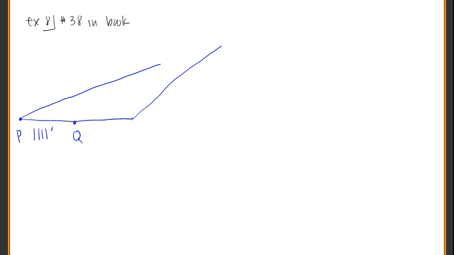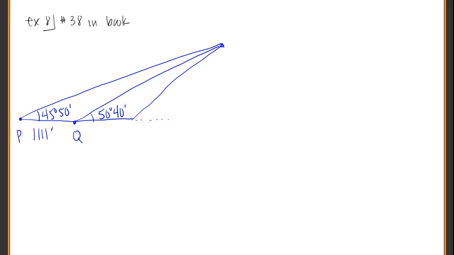Looking up to the top of the mountain from P, we have an angle of elevation of 45 degrees 50 minutes. And looking again to the top of the mountain from point Q, we have an angle of elevation of 50 degrees 40 minutes. So we can do several things with this to solve this problem. Here's the top of the mountain up there.